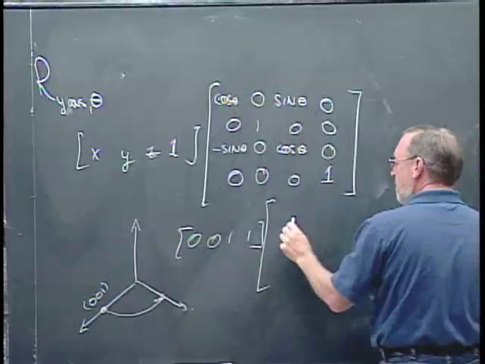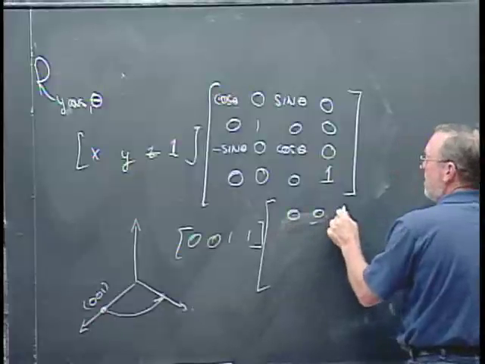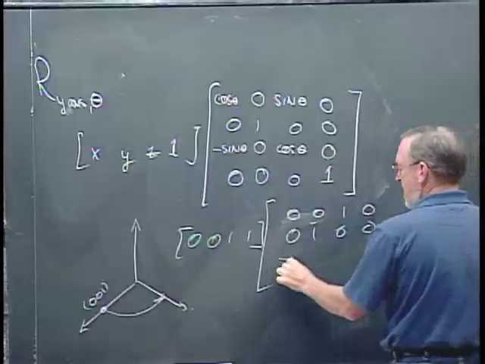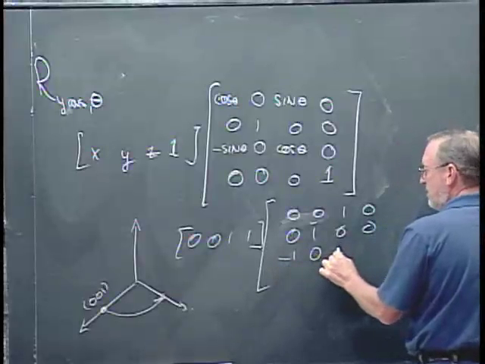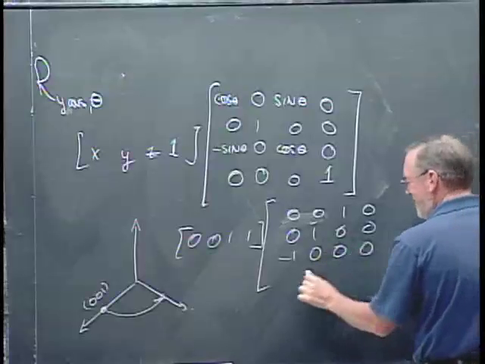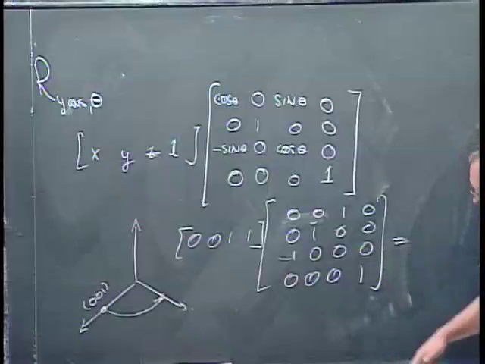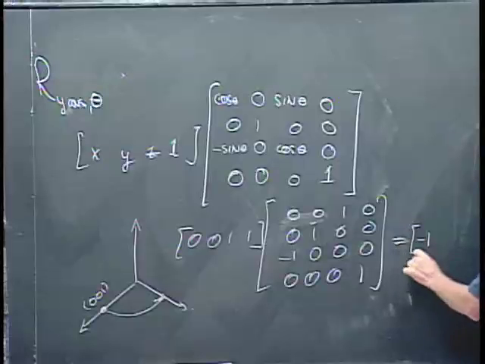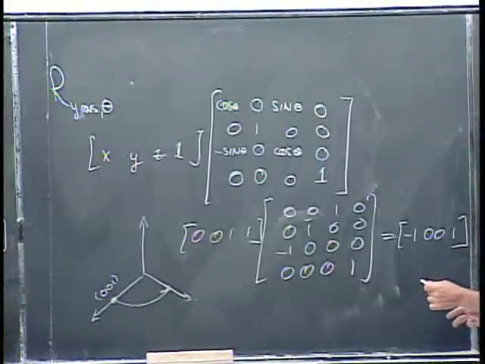Cosine is 0, sine's 1. Let's try higher. 0, 0, 1, 0, 0, 1, 0, 0, minus 1, 0, 0, 0, 0, 0, 1, like that. And when I get out, I get minus 1, 0, 0, 1, right? And you say, oops, not good.